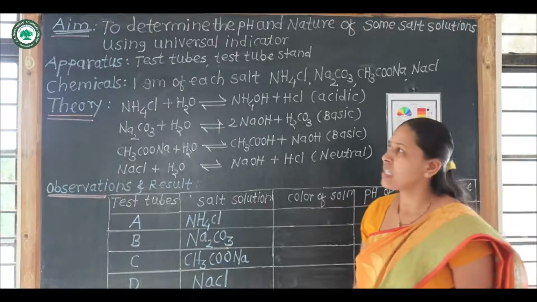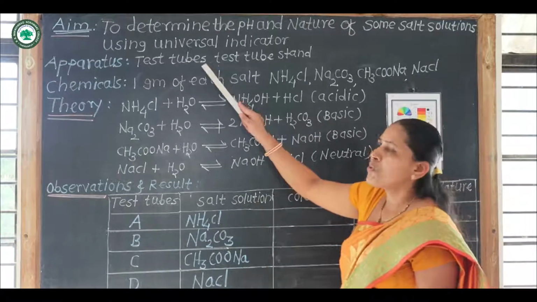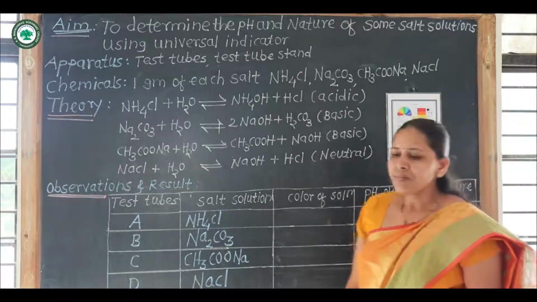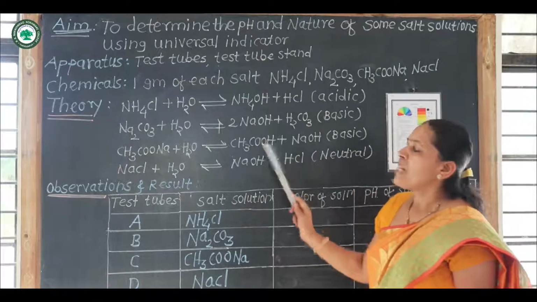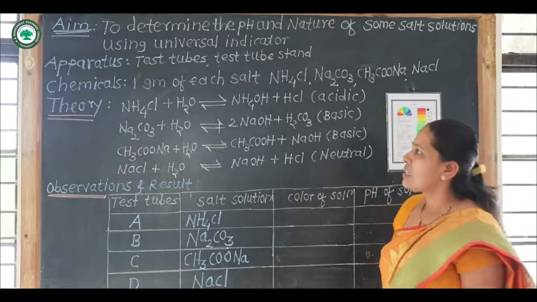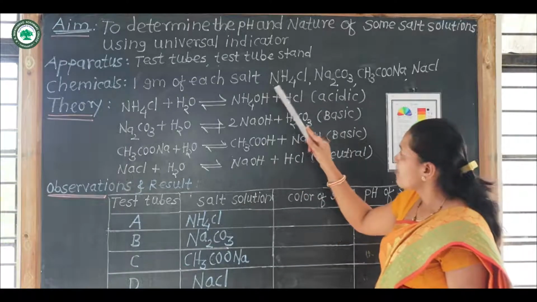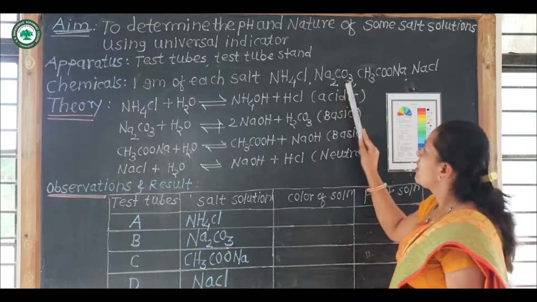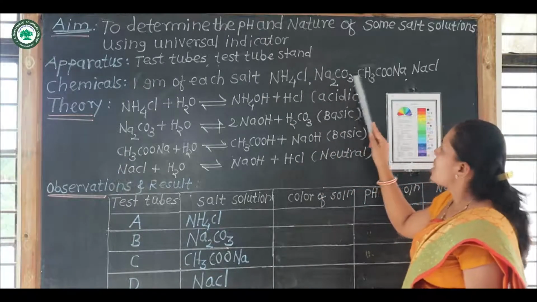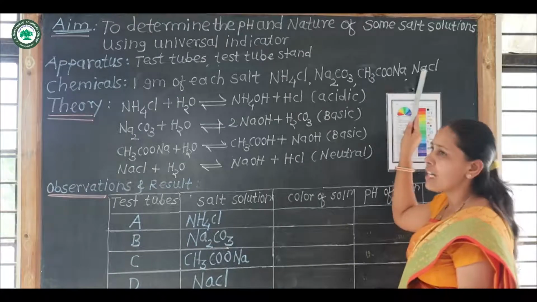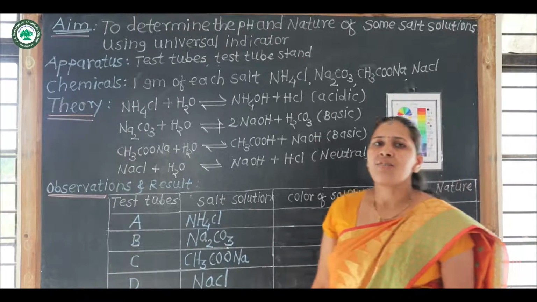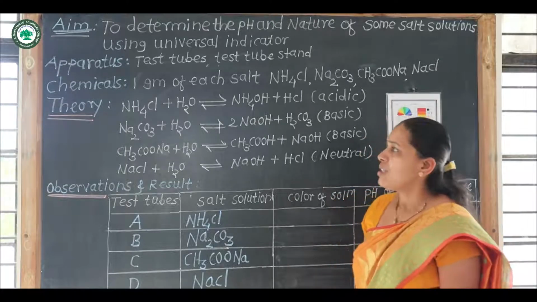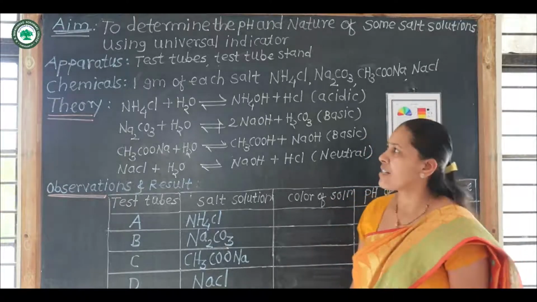Apparatus required for this experiment are a test tube stand, etc. The theory behind this practical is that there are 4 chemicals: ammonium chloride, sodium carbonate, sodium acetate and sodium chloride. These are the 4 salts. We have to determine the pH of these 4 salt solutions by using universal indicator.